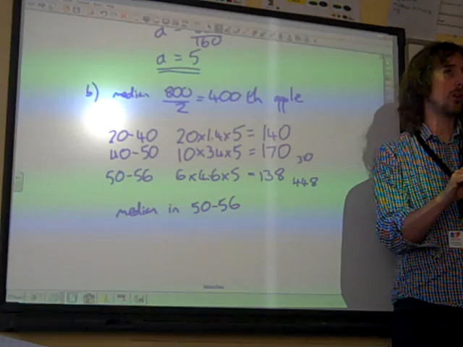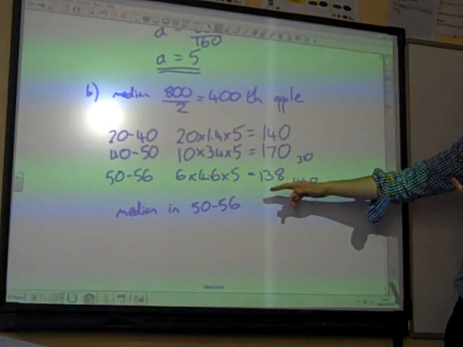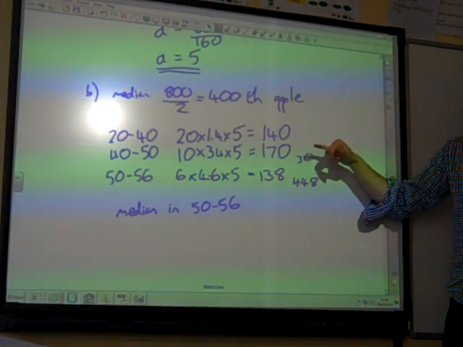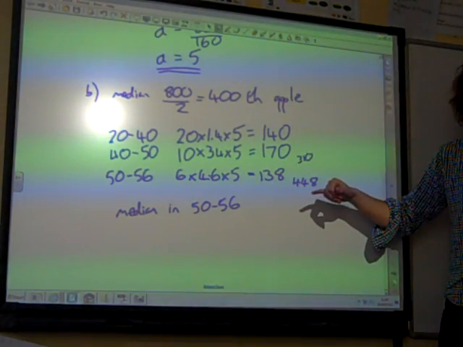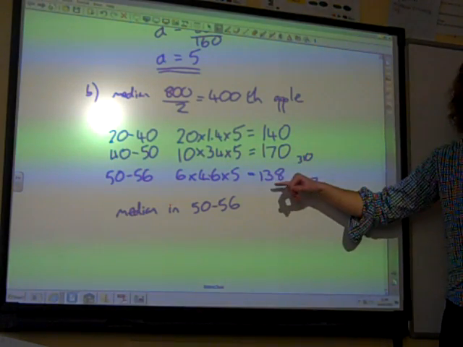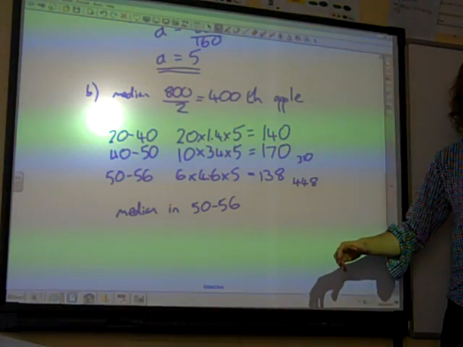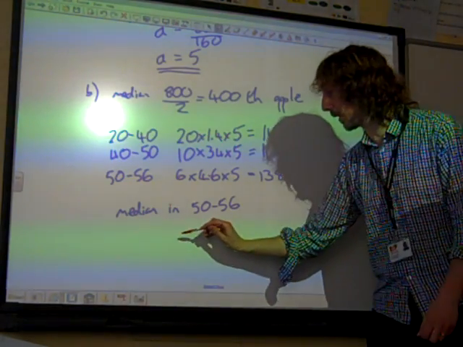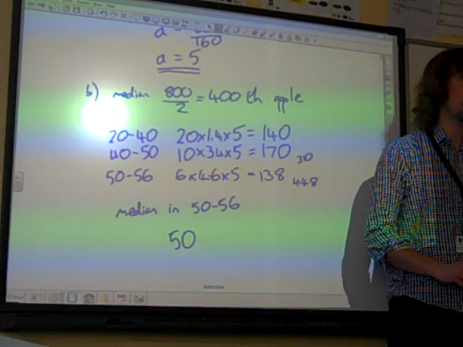Now, you could vary how exactly you're going to do this, but what we want is the start of the class is 310. We want the 400th apple. So we want 90 out of those 138 of the way through the class. So the nicest way to construct this is we want to go from the 50 that's at the start of the class.